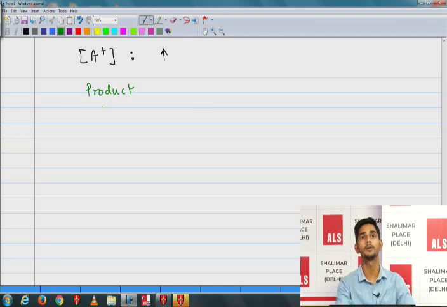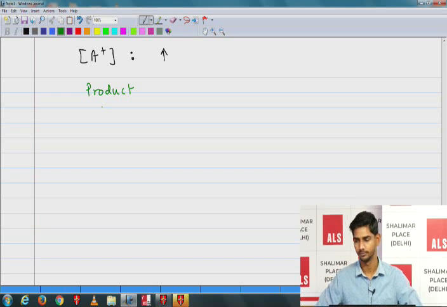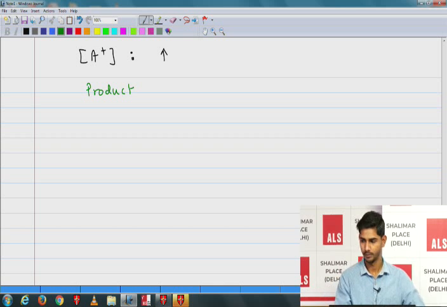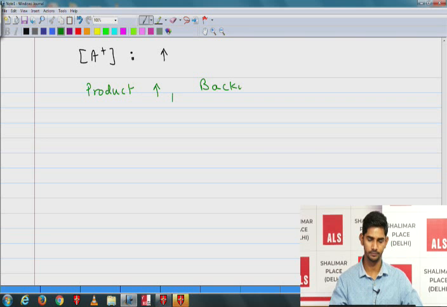Yes, Shillong, do you have any query? Okay. Product is increasing, so direction would be backward.